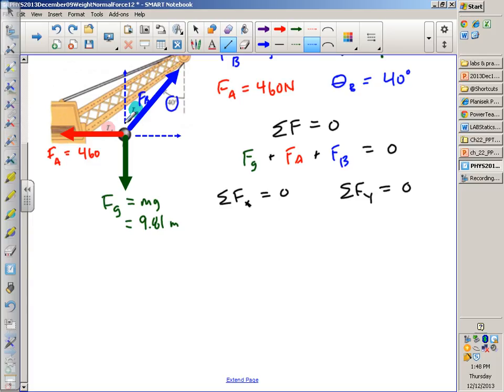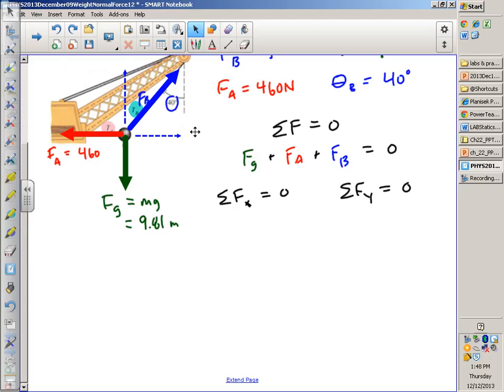So those are the two components of B. The components lie along the x-axis and the y-axis. So by taking B and breaking it up into its components, now everything either is on the x or the y. Remember that components are basically the equivalent of this force. So breaking something up into its components is like the equivalent of this.